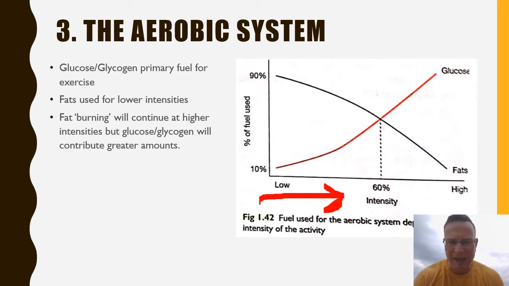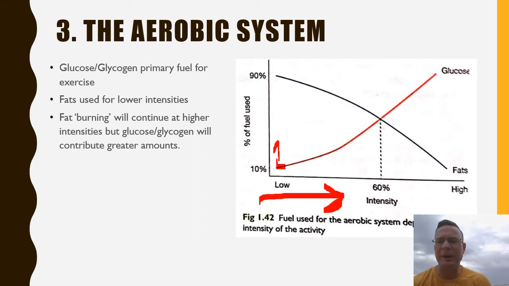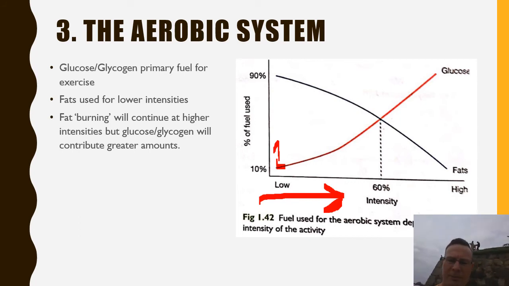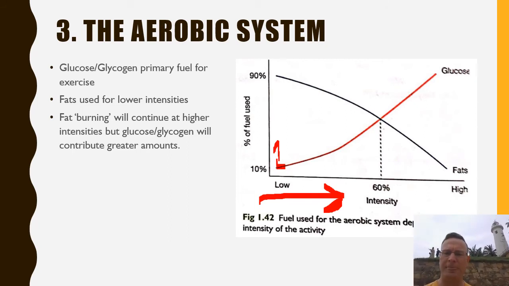So at rest, if I put a 1 for rest here, at rest we're mostly using fats. So our fats are being broken down by our aerobic energy system, which is using fats and a tiny bit of carbohydrates.